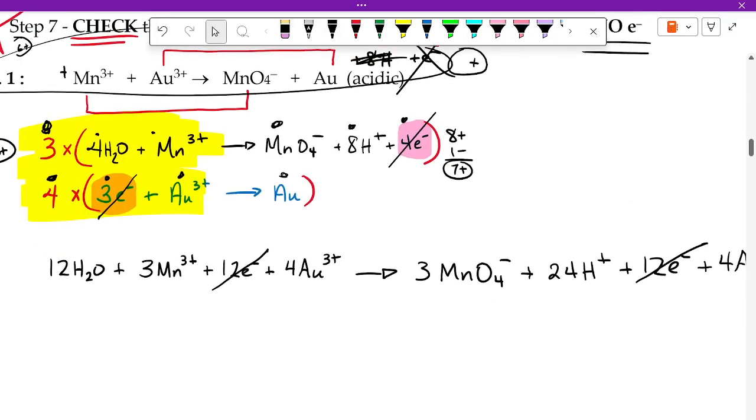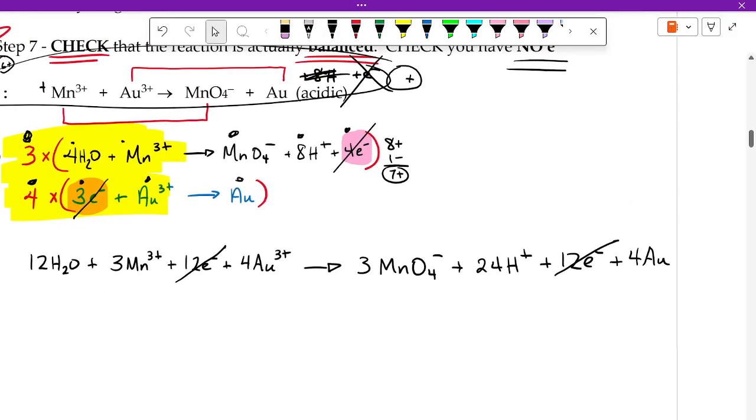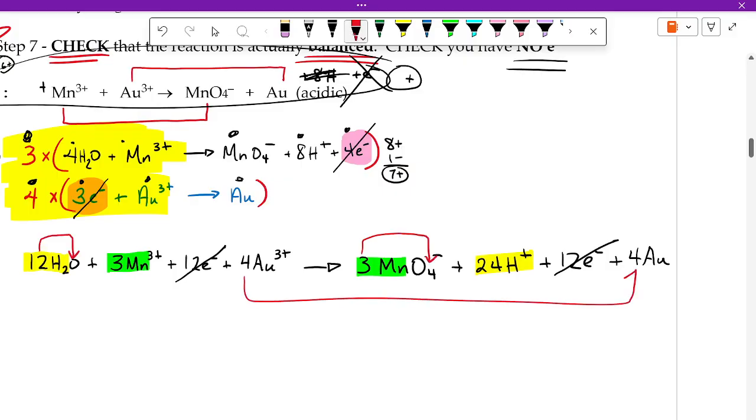Down here, you don't have electrons. That's fantastic. I would actually go through and say I have 12 times 2 is 24 hydrogen, 24 hydrogen. I have 3Mn, I have 3Mn. I have 12 oxygen, 3 times 4 is 12 oxygen. I've got 4 gold, I've got 4 gold.